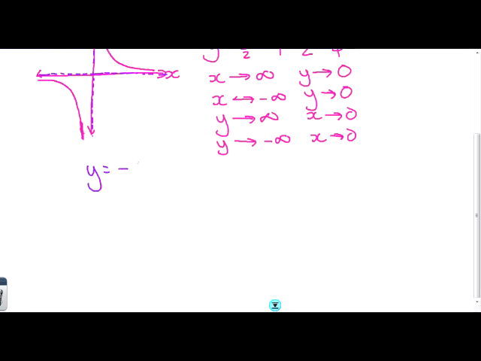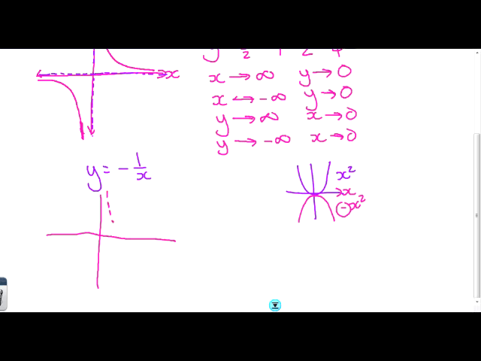So if we were to ask to draw this one, and whenever I see this, I always go back to my quadratic graph. So that being x squared, and this one being minus x squared. So it means when there's a minus, it reflects it in the x-axis. So where we had this before, minus 1 over x is a reflection in the x-axis.